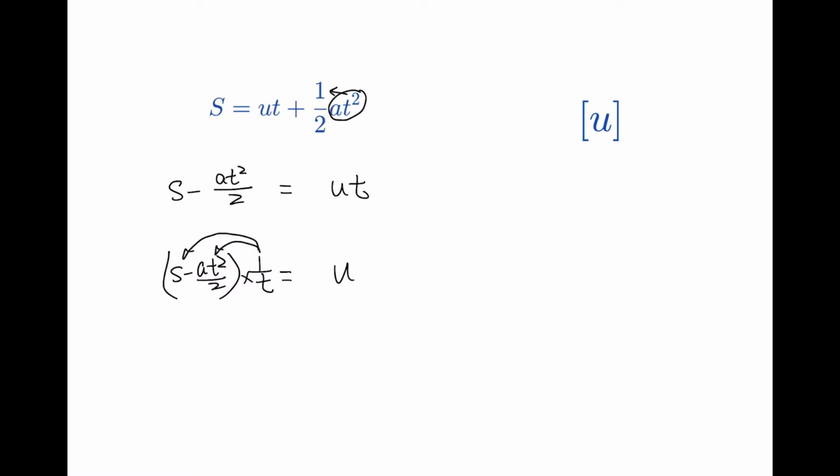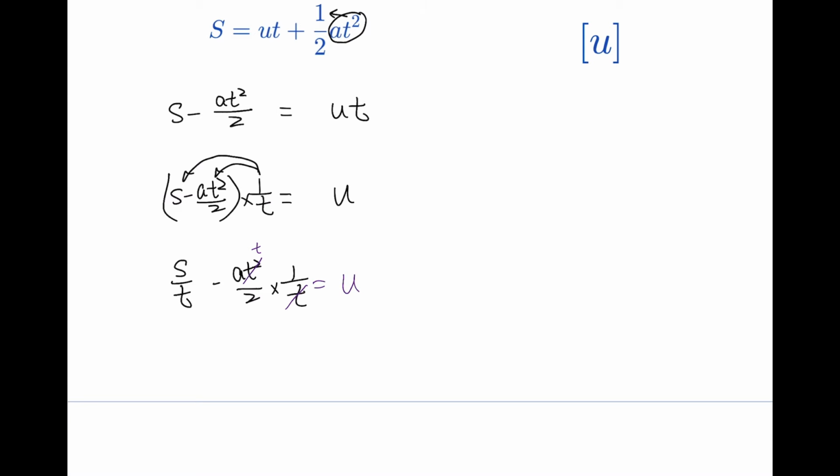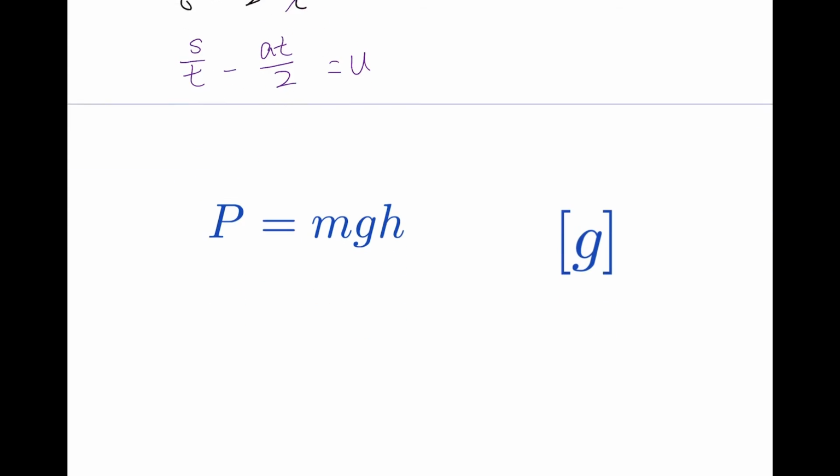If we give it to both of them, s times 1 over t is s over t. Then the other one is negative at square over 2 times 1 over t, and then the t here and here is a bit simplified, so it will become s over t minus at over 2. Yep. Hope you like it. Continue then.